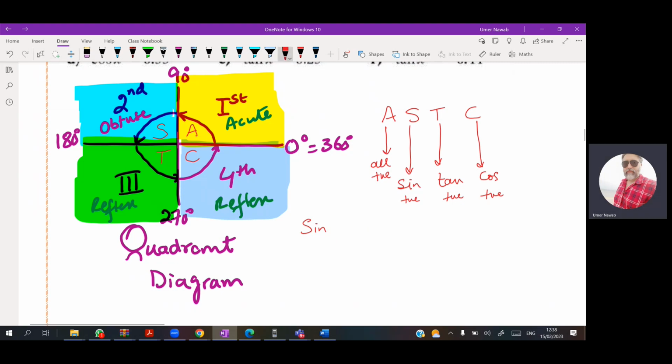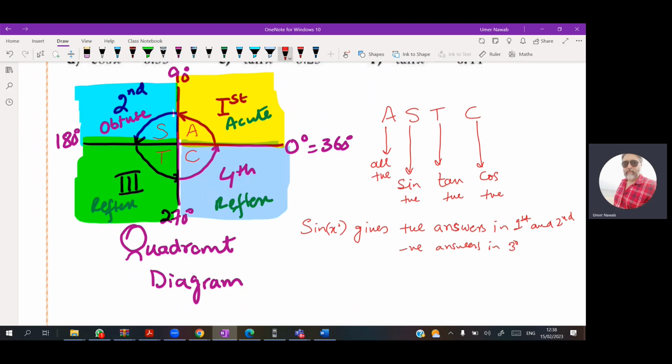Sine gives positive answers for outputs in the first and second quadrant, and it gives negative answers in the third and fourth quadrant.